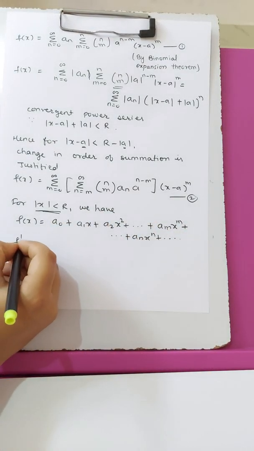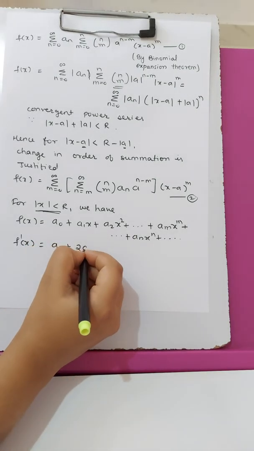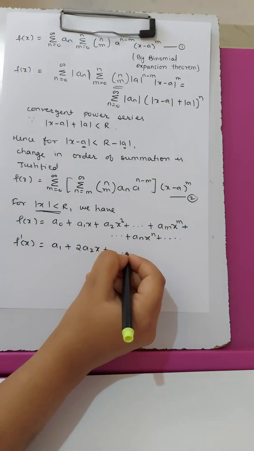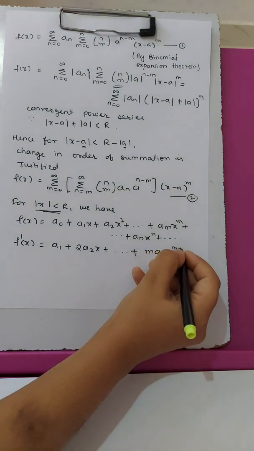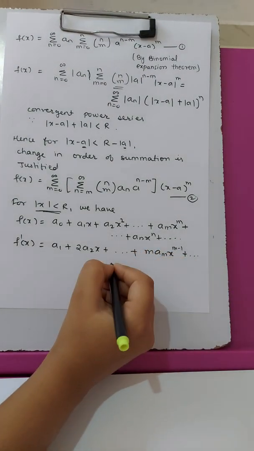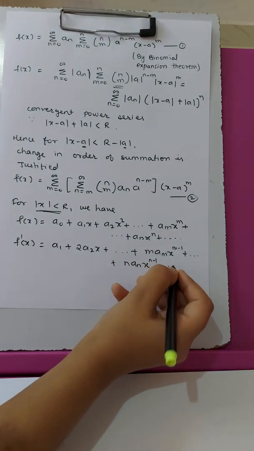So therefore the first derivative, that is f dash of x, is a1 plus twice a2x plus and so on, m am x to the power m minus 1 plus and so on, n an x to the power n minus 1 and so on.